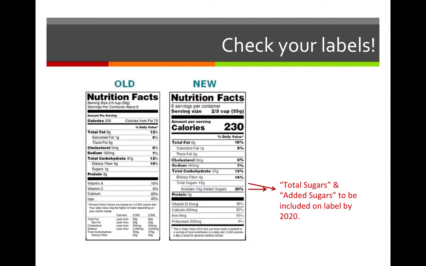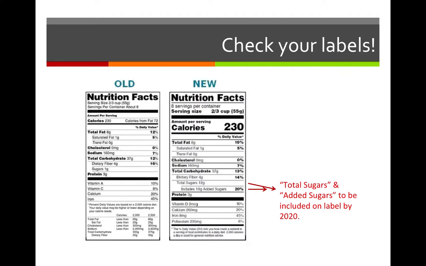So the bottom line, you really need to check your food labels, and the FDA is trying to make this easier. They announced a new nutrition facts label in 2016, which includes several changes. One of the major changes is the area for added sugars. Scientific data indicates that it's difficult to meet nutrient needs while staying within calorie limits if you consume more than 10% of total daily calories from added sugar.